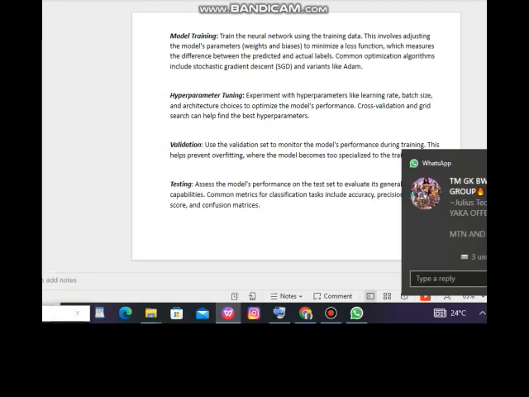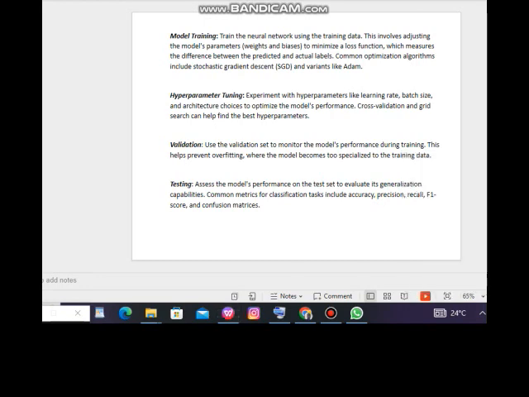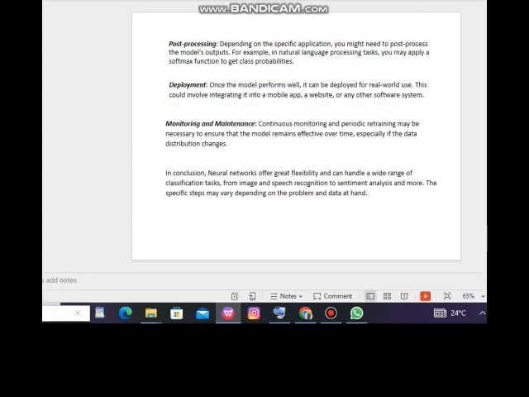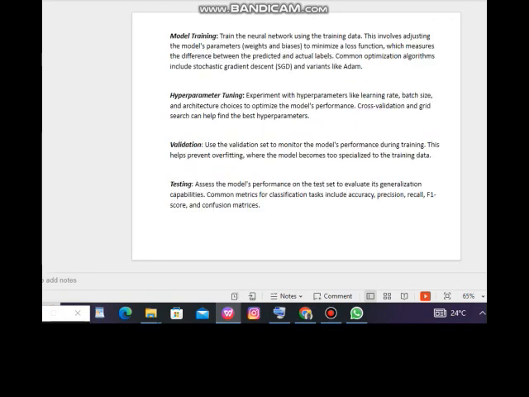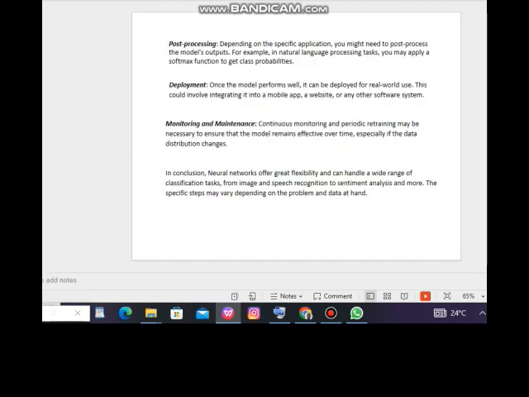Testing. Assess the model's performance on the test set to evaluate its generalization capabilities. Common metrics for classification tasks include accuracy, precision, recall, F1 score, and confusion matrices.